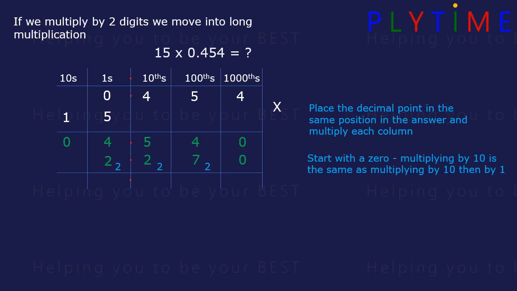Now we start to add, starting with the right hand column. 0 plus 0 is 0. 4 plus 7 is 11, we write the 1 and carry 1 forward. 5 plus 2 plus the 1 carried forward is 8. And then 4 plus 2 equals 6. 0 plus nothing is 0. So the answer is 6.81.